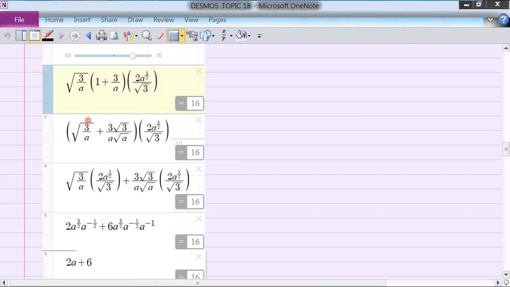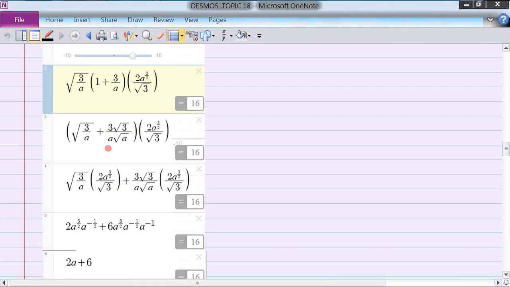So you really have a times c, and then plus b times c. If you want, you could move this over to here, and then it would be easier to see. And then you'd multiply this times this, and then this times that. But you're going to get exactly the same thing. So you see the number doesn't change.